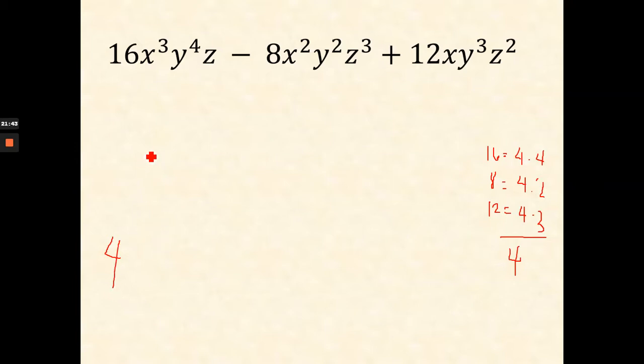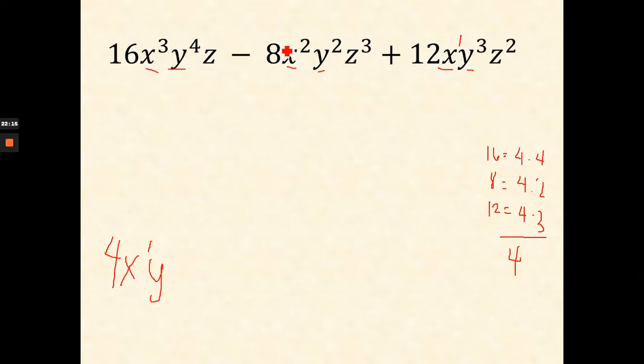Let us now concentrate on the variables. You have here x raised to 3, x raised to 2, and x raised to 1. We have x, x, and x. Therefore, x, choose the lowest exponent, which is 1. So x raised to 1 is a common factor also. Now we have y to the 4th, y squared, y cubed. Y is present on all the terms. Therefore, y is a common factor.